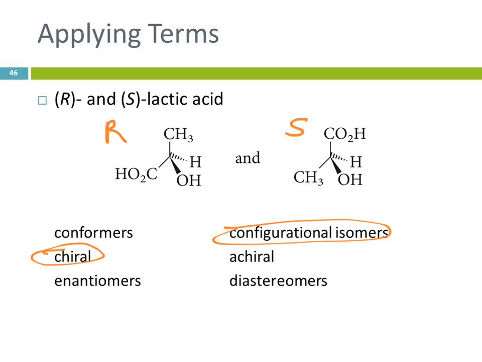They will be mirror images. There's only the one stereogenic center. So if we look at this as the original, this will be the mirror image. They've not drawn it to look like the mirror image, but it is. For diastereomers, if it's a chiral molecule, you're going to have two different stereogenic centers, and one will be the same and the other will be different.